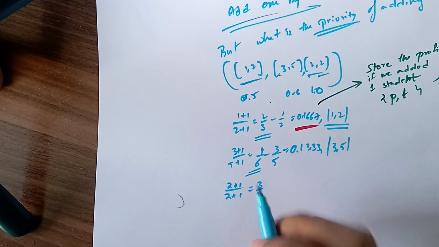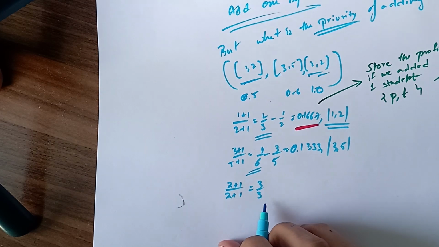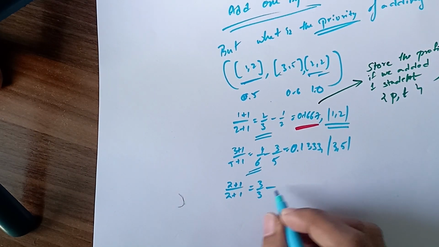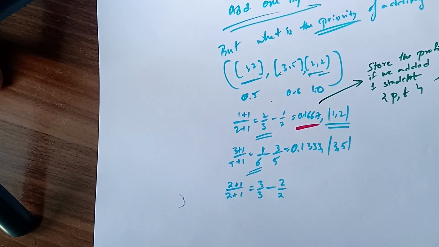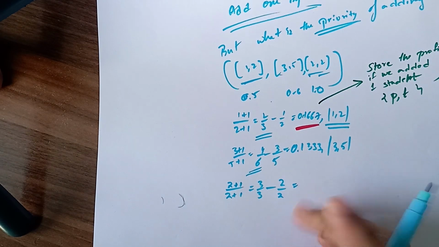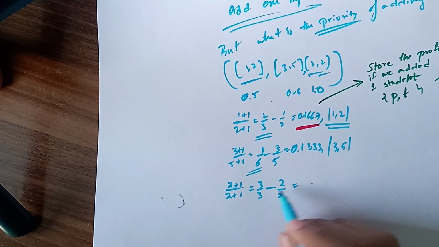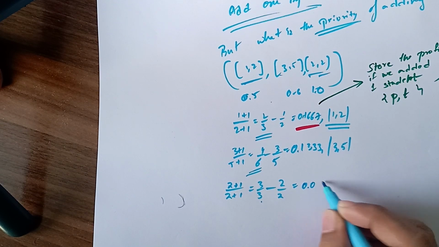So if you add one student, the passing students will be 3 and the total students will be 3. Now remove the initial 2 by 2. By removing it, the profit is 3 by 3 minus 2 by 2, which is 0.0.